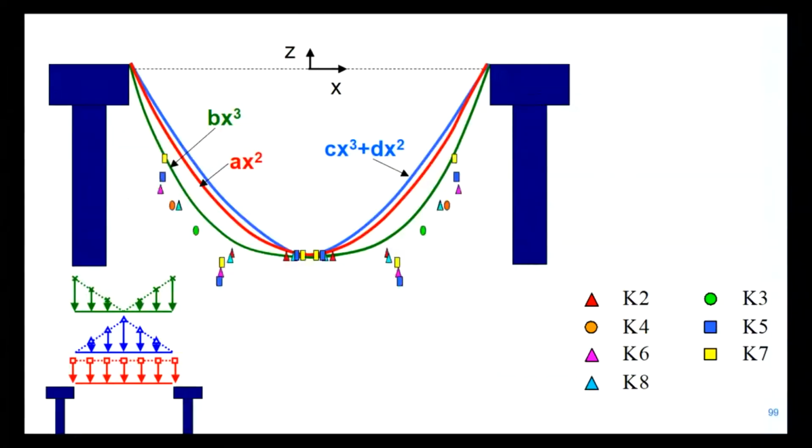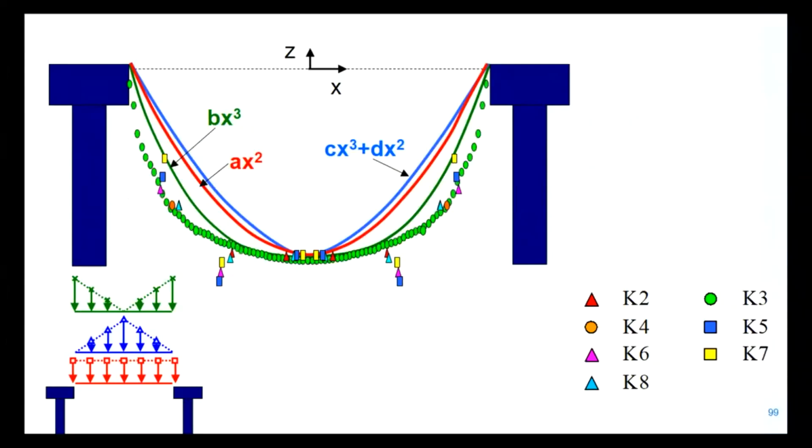Now the separate point measurements were like this. And here we see that all the measurements are on or outside the green line, which corresponds to the inverse triangular load distribution.